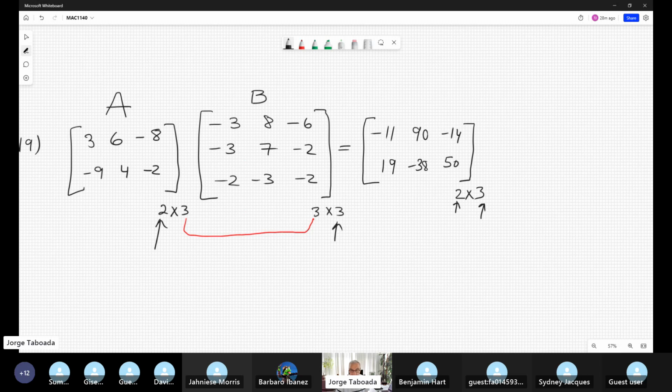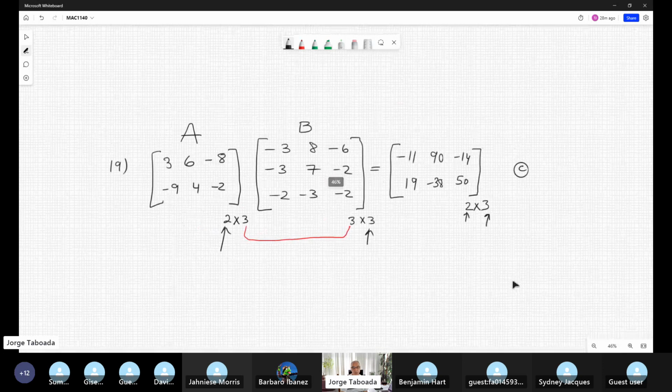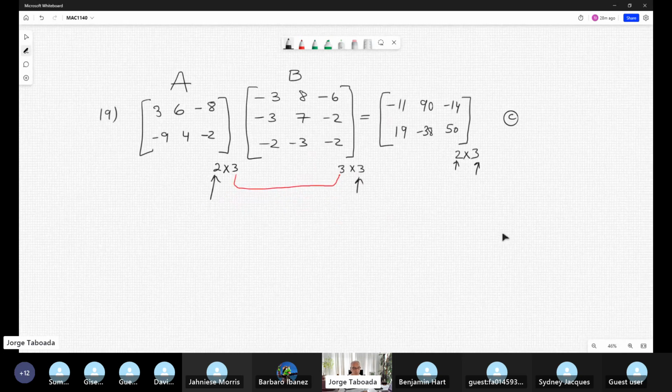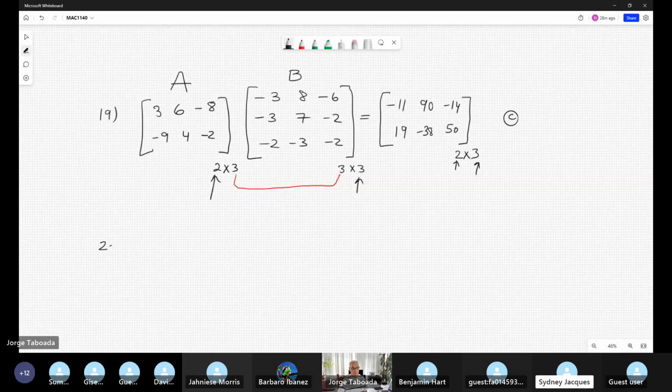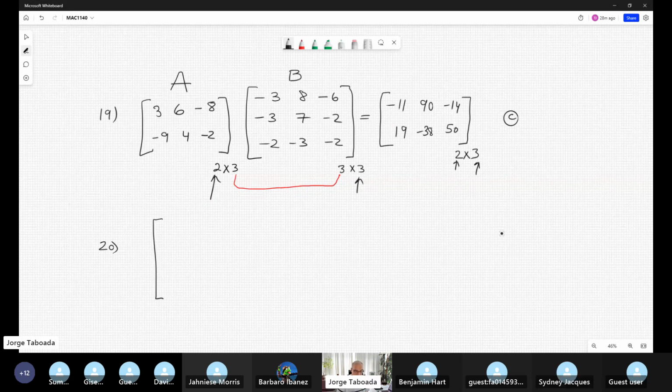By the way, it's option C in the handout. Super clear or no? Yes. Okay, 20. 20 is super easy, it's the same, a repetition.